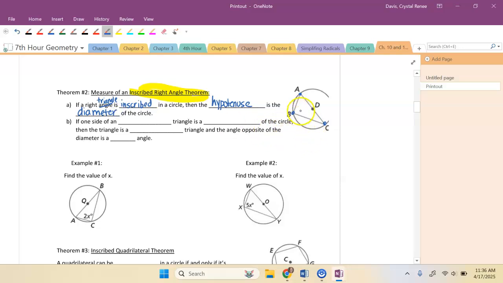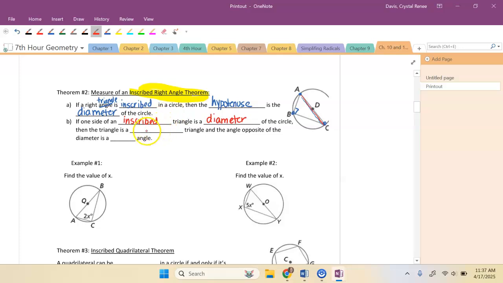So in other words, we have a right triangle. This would be our right angle, meaning that AC, which would be our hypotenuse, is also a diameter of the circle. Now on the flip side, the other way is true as well. If one side of an inscribed triangle is a diameter, we don't know if it's a right angle, but we do know that it's inscribed in a circle, and we do know that one of the sides is a diameter.